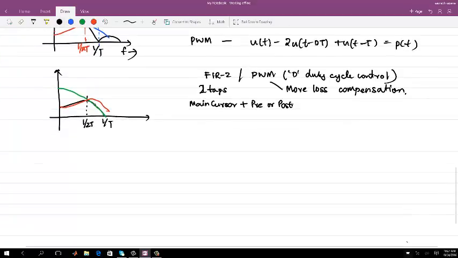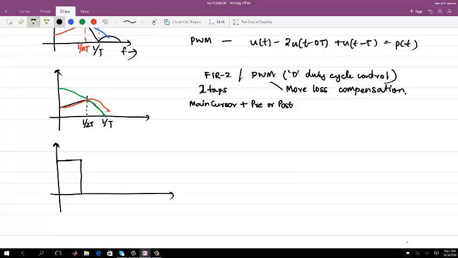Last time, let's say this is one bit which you want to transmit. This is time t, this is capital T, and this is one amplitude. If you do not do anything and transmit the same pulse, the output pulse will be something like this: amplitude attenuated, skewed. So you have all these ISI points.